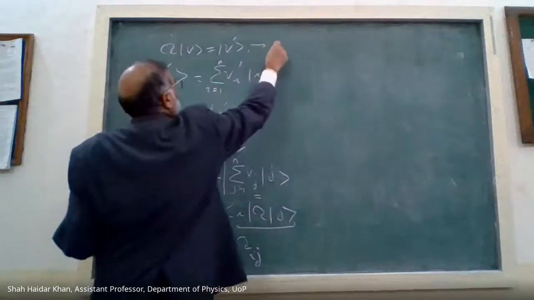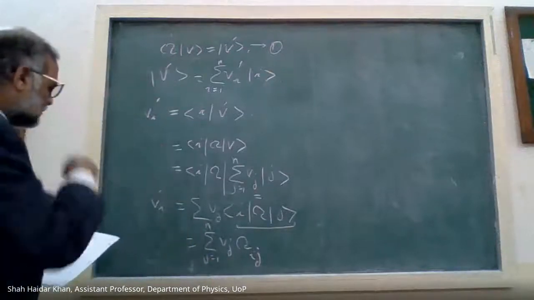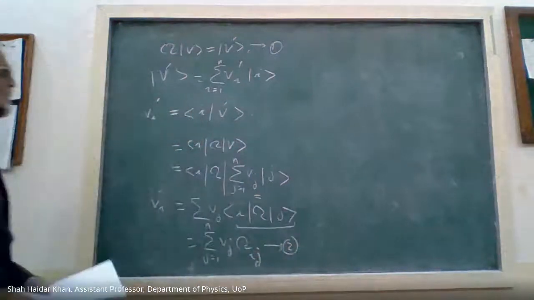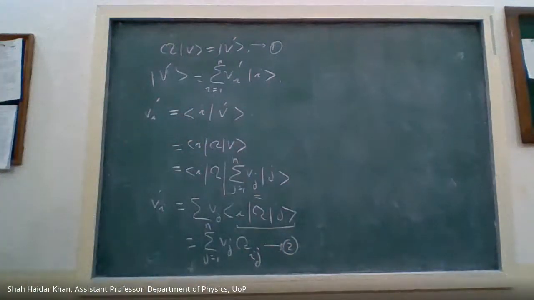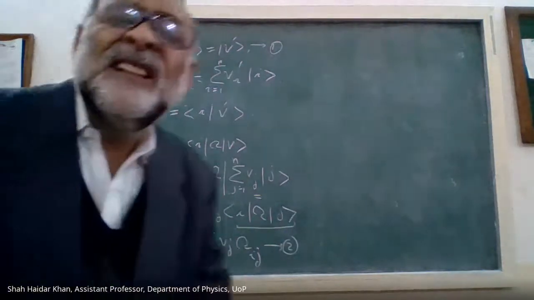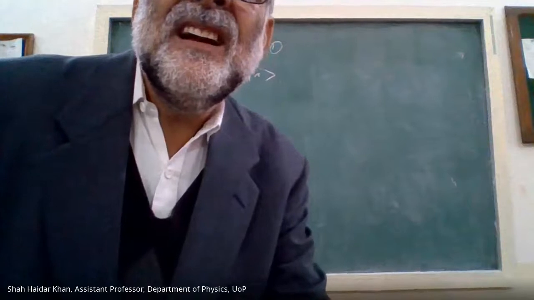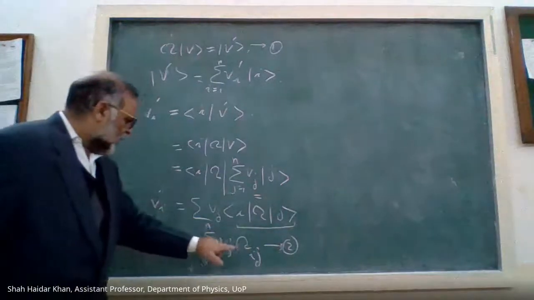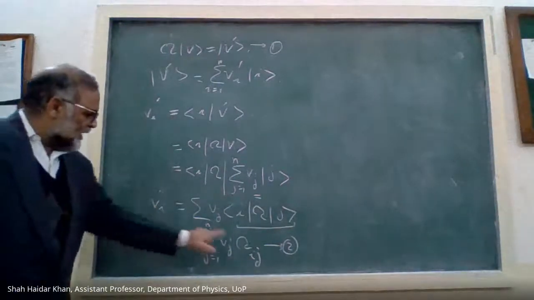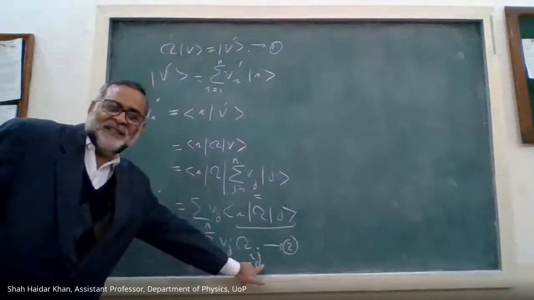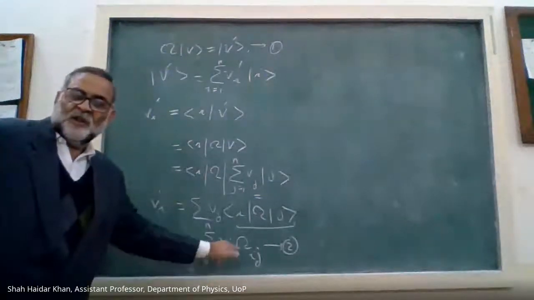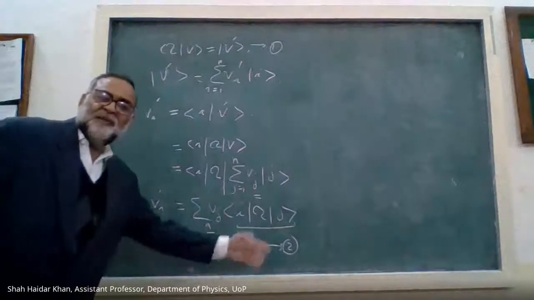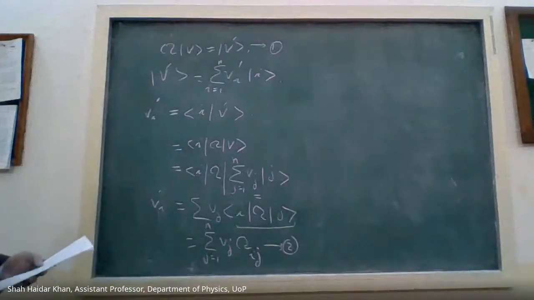So if this is 1, and this is now 2, the component of this vector along the new basis, you can get it from the components of the matrix and the components of the original vector before the operation, in the same dimension, in the same basis vectors, right?